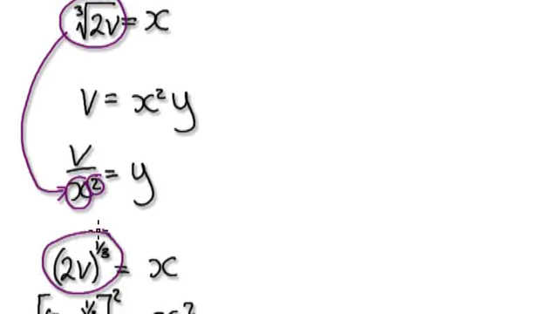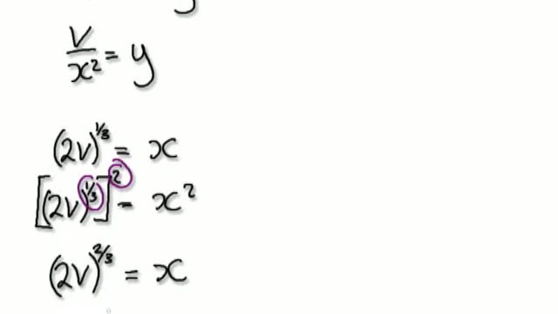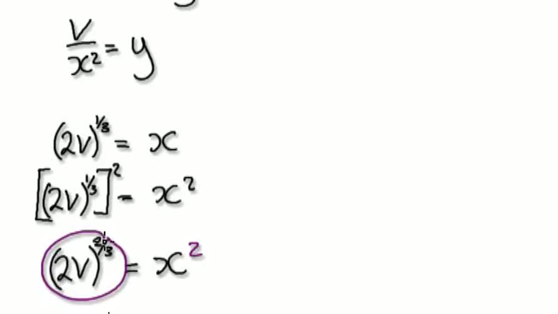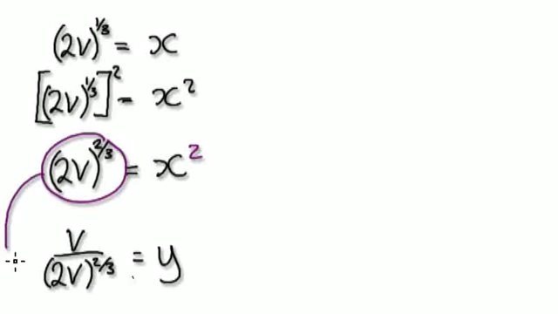Once it's in this form, it's nice and easy. When you square it, this gets multiplied with this. That will then give you this. Sorry, this here should be x squared. So x squared equals that.